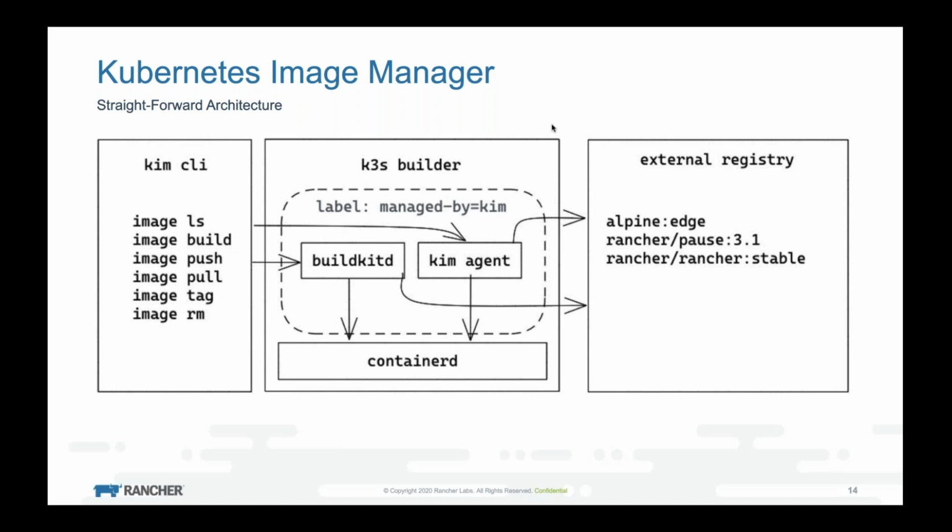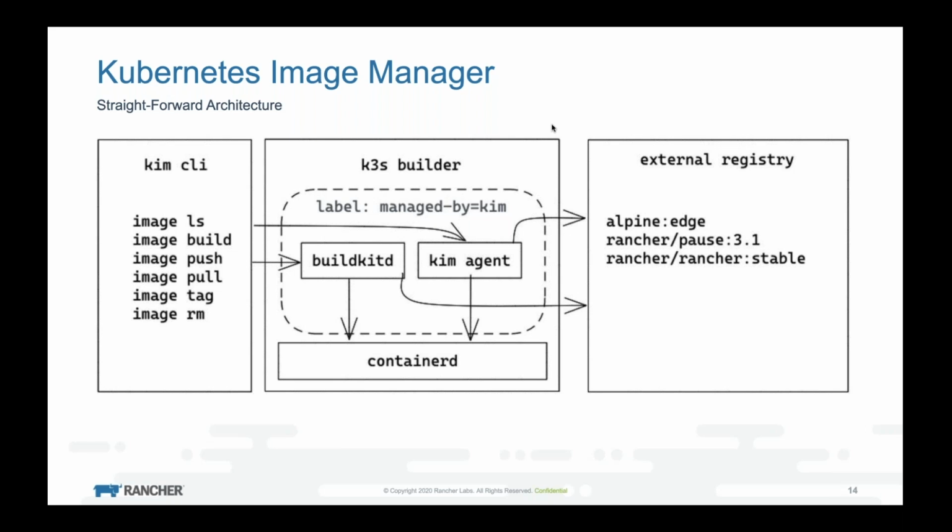Maybe you do a Docker save, export it into a tarball, and then immediately pipe that into a CTR load. Kim gets rid of that middle step. Basically, it saves the image to the containerd content store, and it's immediately available without any other translation. Yeah, that's hugely valuable. That makes a lot of sense.